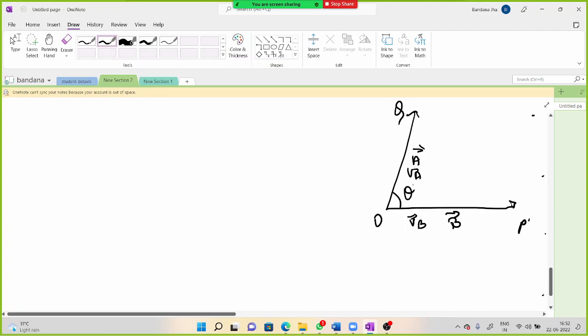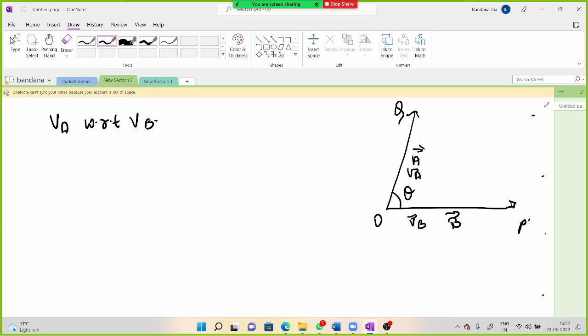Now we have to determine the velocity of A with respect to B. When both the bodies are in the same direction, and when both are in the opposite direction, what will my relative velocity be? That's the question.